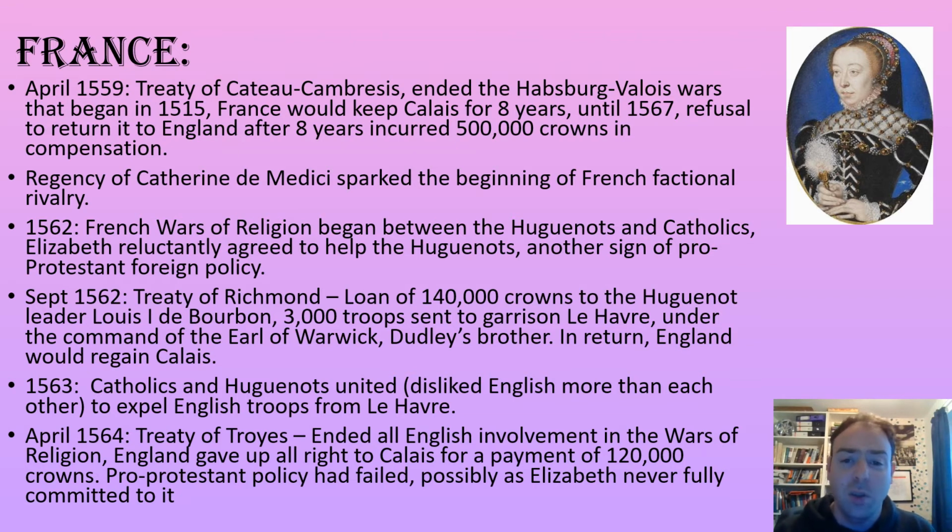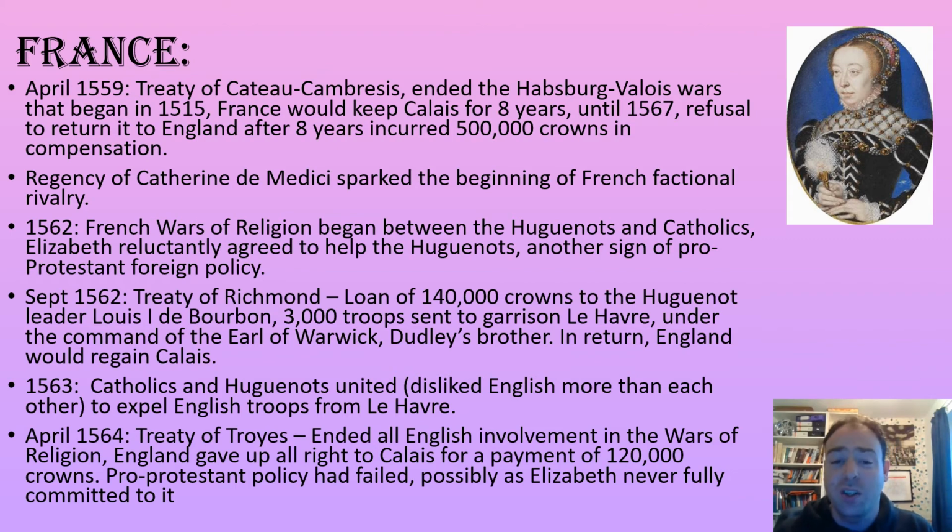The Treaty of Richmond sees a loan of 140,000 crowns to the Huguenot leaders, and 3,000 troops sent to Le Havre under the command of the Earl of Warwick, who was Dudley's brother. In return, the Huguenots promised England the return of Calais, but obviously that was based on the idea that the Huguenots would win, which ultimately it doesn't work that way.